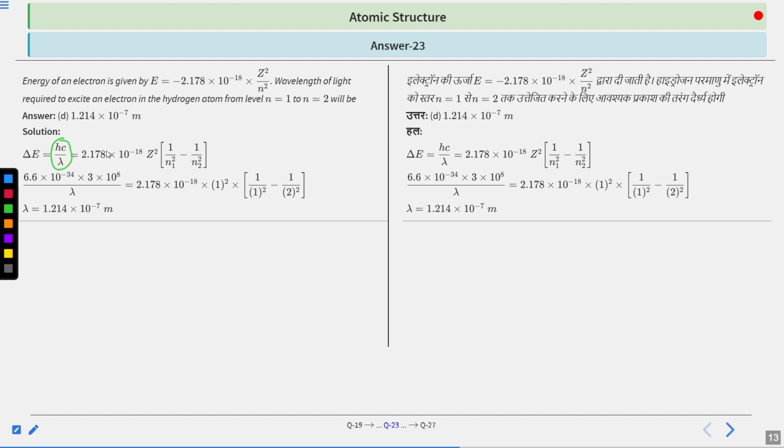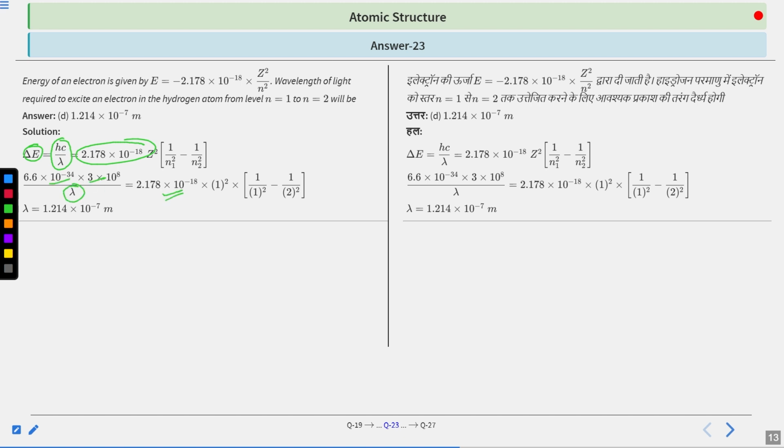Now we know the formula for ΔE. It is given here that the energy of an orbit is this much. So for doing a transition, we have to see the difference in these two orbits. We put 1 by n1 square minus 1 by n2 square, and the values of h, c are already given; lambda we have to calculate.